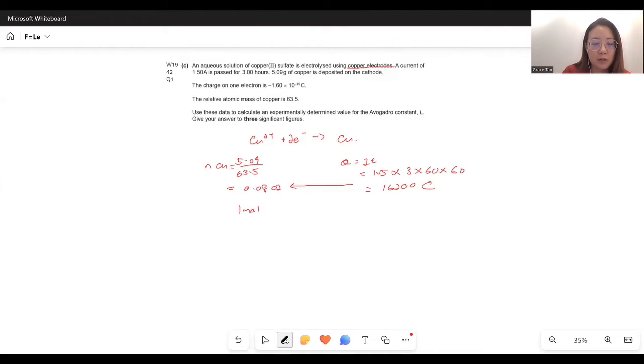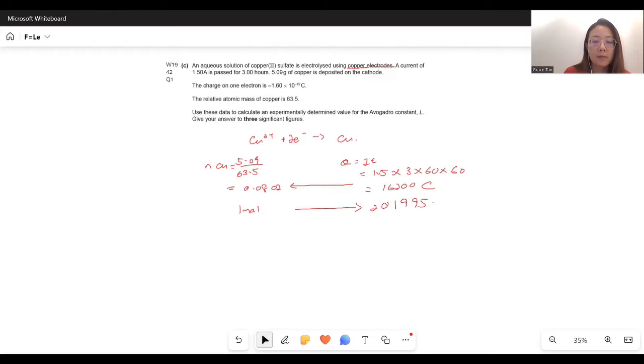So I take 1 divided by 0.0802 times 16200, which gives 201,995 for 1 mole.